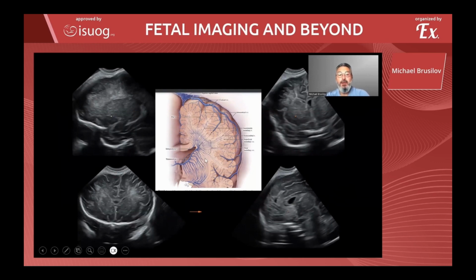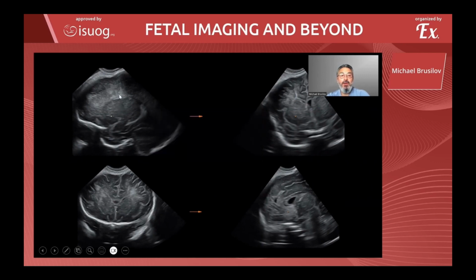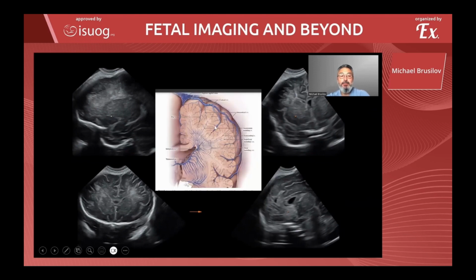You can see here a spread of medullary veins, and on the ultrasound, you can see spread of the medullary veins resembles medullary veins on the schema. High echogenicity in the brain parenchyma.